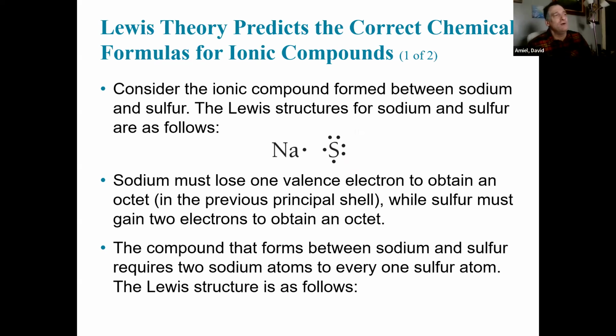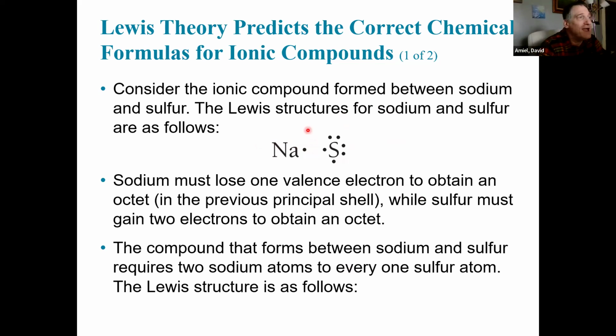Okay, here is now another example, sodium and sulfur. You're seeing the Lewis dot structures for both these atoms, sodium in group 1, sulfur again in group 6. And we notice here that if sodium donates its electron to sulfur, sodium would have an octet, but sulfur would not.